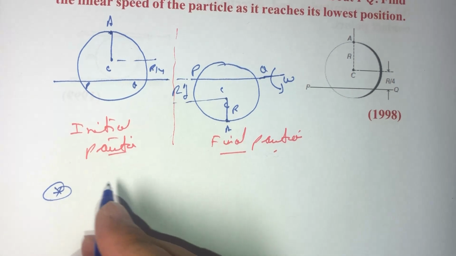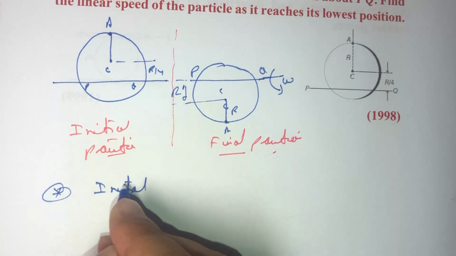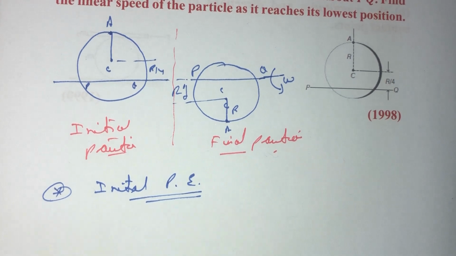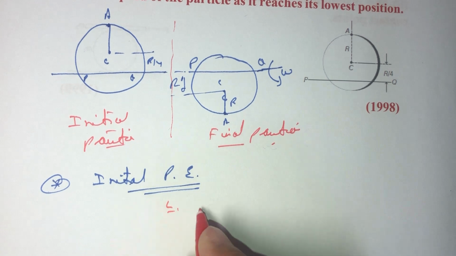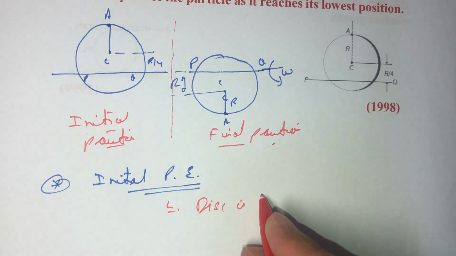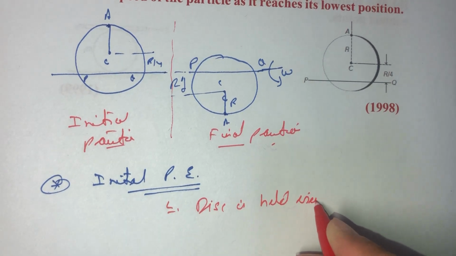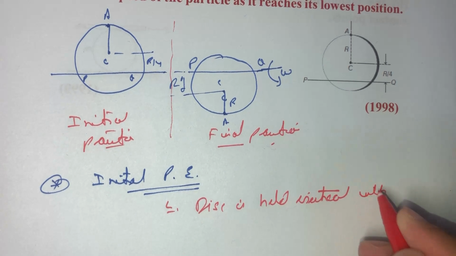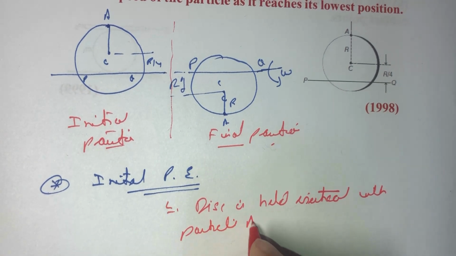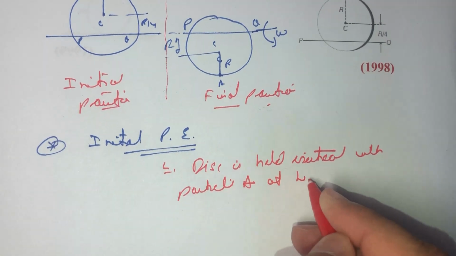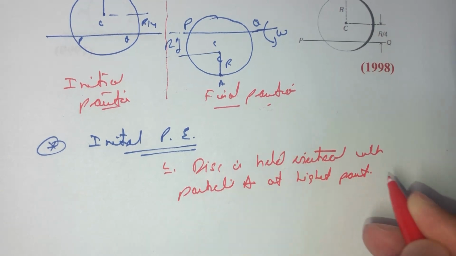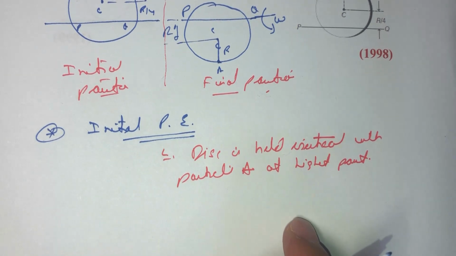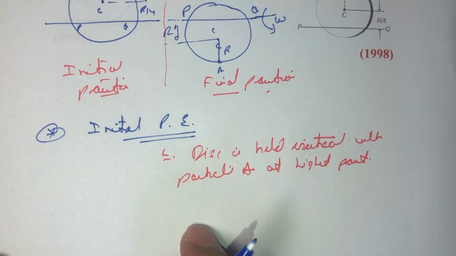So here, initial potential energy: under this condition, disc is held vertical with particle A at the highest point, and the initial kinetic energy of the system, meaning disc as well as particle, is equal to 0.